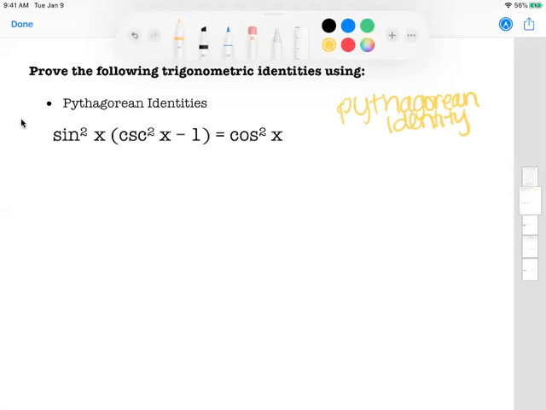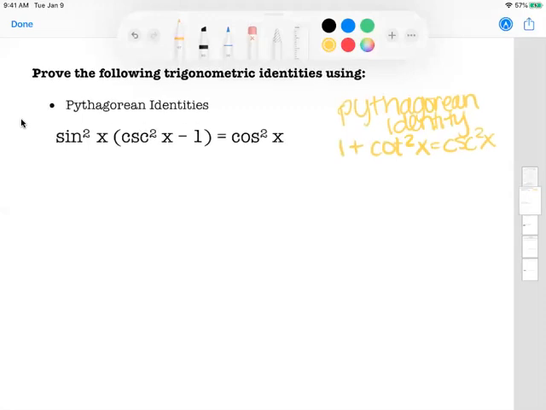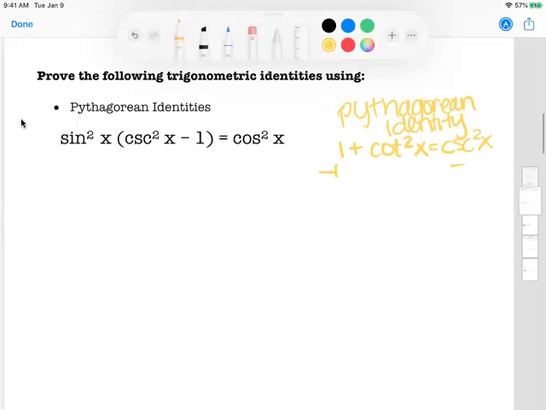So just to show you where it actually was derived from before I do this, the Pythagorean identity, one of them is 1 plus cotangent squared x equals cosecant squared x. However, if I subtract 1 on both sides, I can have that alternate form, which is cotangent squared x equals cosecant squared x minus 1.